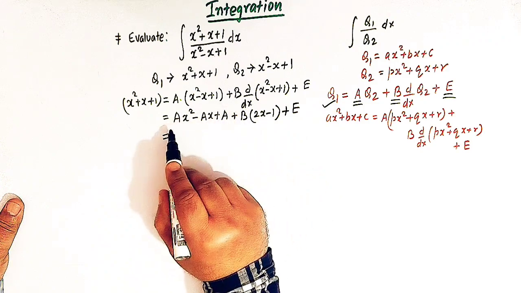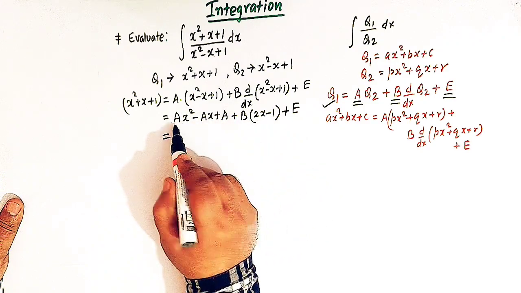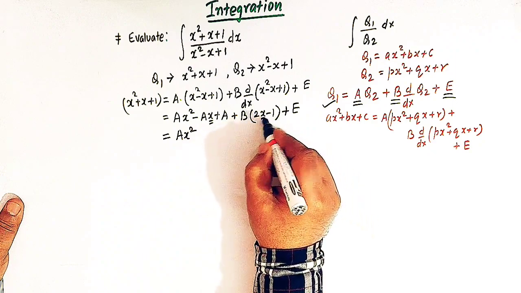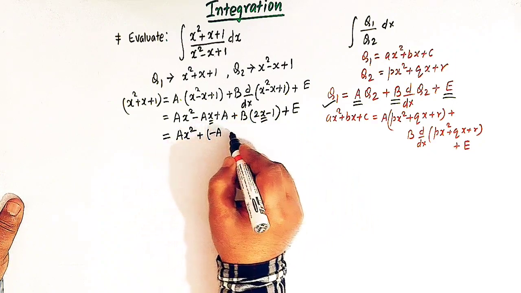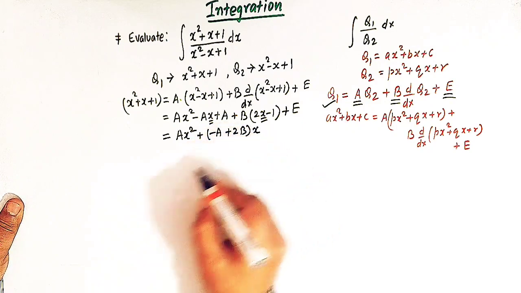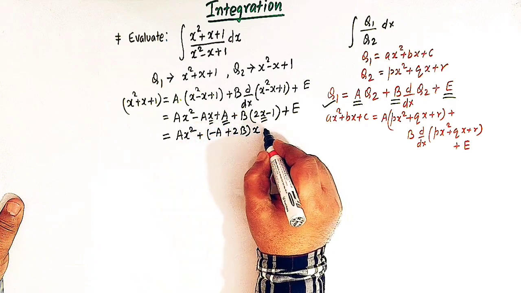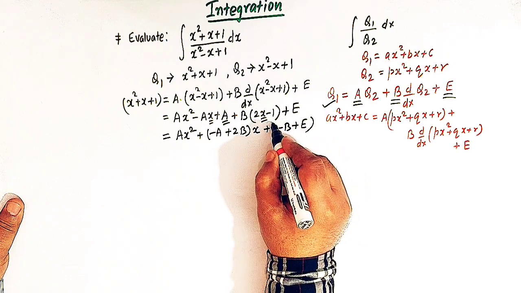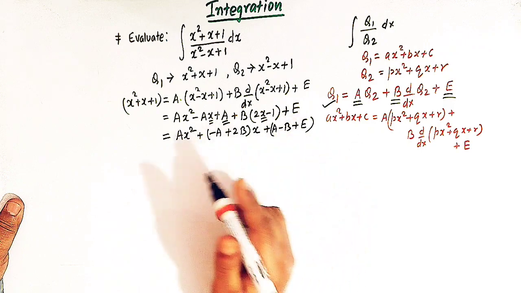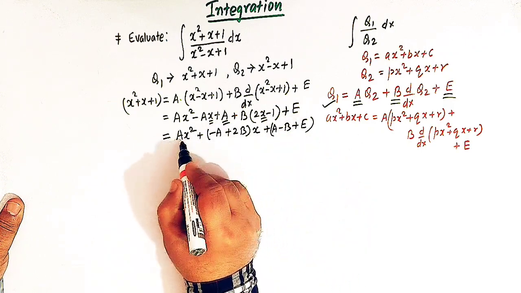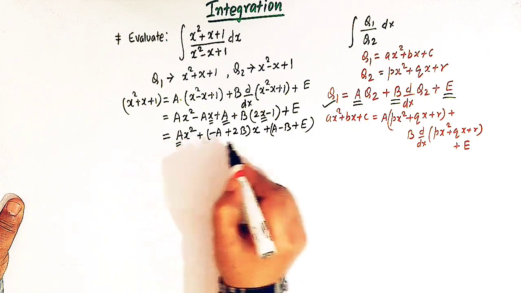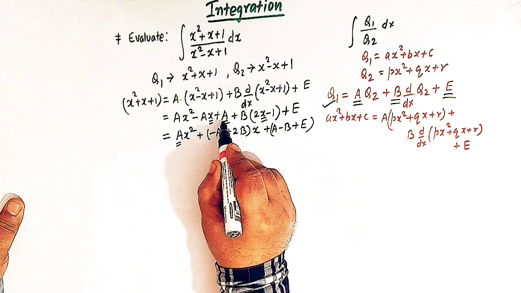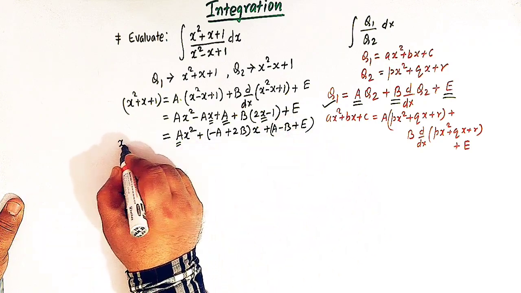So let us recollect the like terms. Here we have only ax square, and for x we have minus a plus 2b, and the constant term is a minus b plus e, right? So on the right hand side we have another quadratic polynomial where the coefficient of x square is a, the coefficient of x is minus a plus 2b, and the constant term is a minus b plus e.